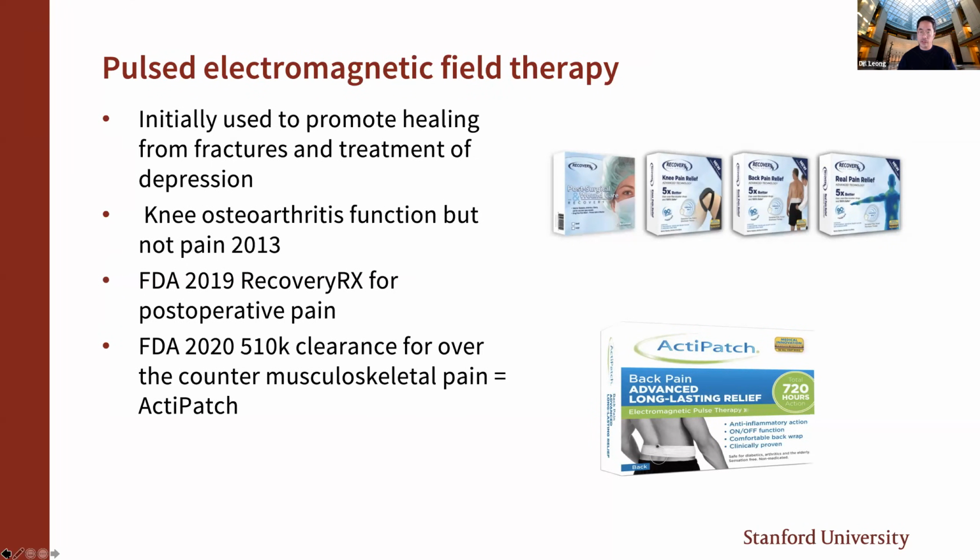And there are different areas where you can get this sort of delivery device or patch basically to put it on, to strap it on and deal with your acute pain. And then the FDA this year gave clearance for an over-the-counter musculoskeletal pain Actipatch, which is listed below. Another neuromodulation device, even for an anti-inflammatory action.